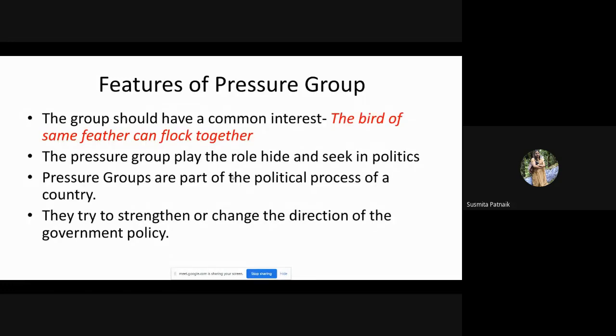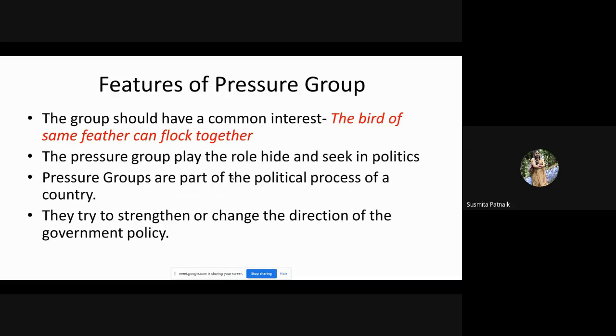And the third is that these are an important part of the political process, because without pressure groups, if there is no presence of any type of pressure groups, then the country will lead to an authoritarian or totalitarian country.